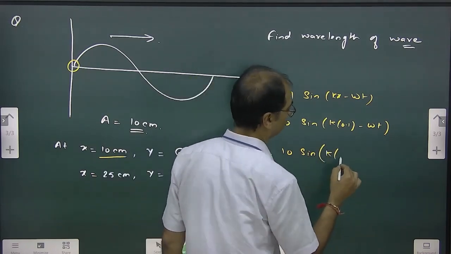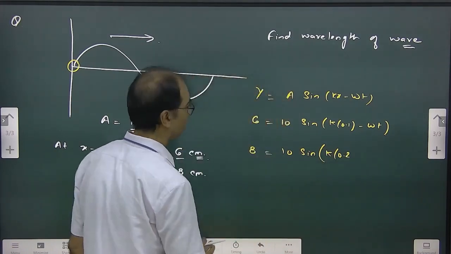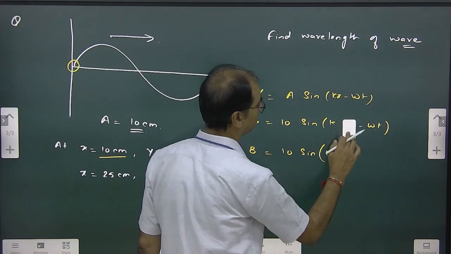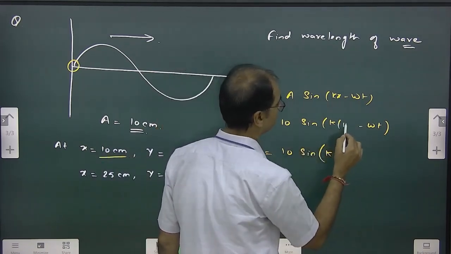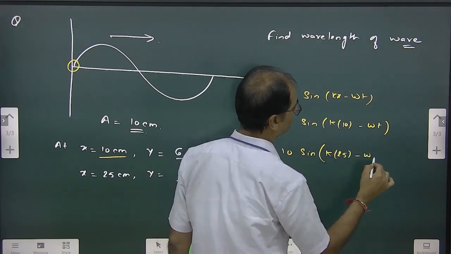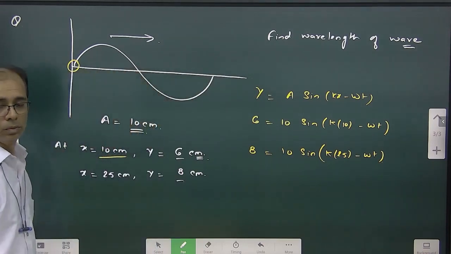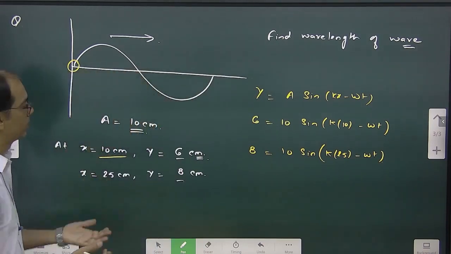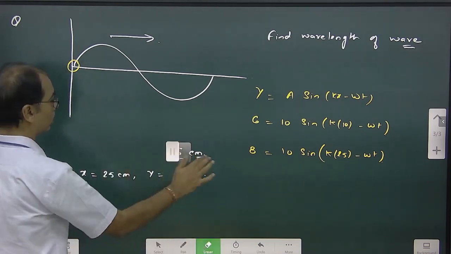So 0.25, or we can write it in centimeters only. There's no need to write it in 0.1 like that. We can put it in centimeters. So here is 10 and here is 25 minus omega t. Now what we can do? This is the given information, everything we have done. Okay? Everything we have noted.